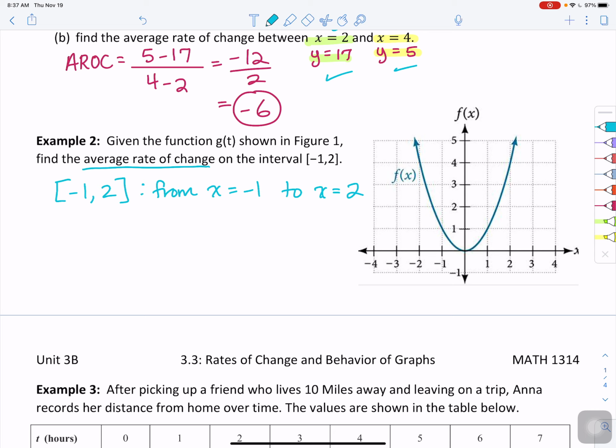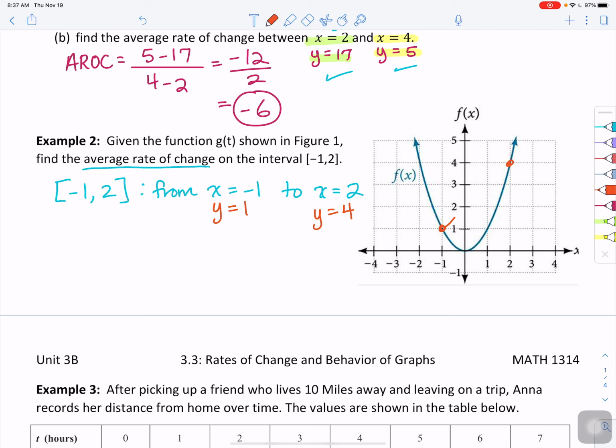So let's go ahead and take a look on our graph. X equal to negative 1. We have a y value of 1. X equal to 2, go all the way up here. We have a y value of 4. So if you're really interested, what we're really doing is we're finding the slope.